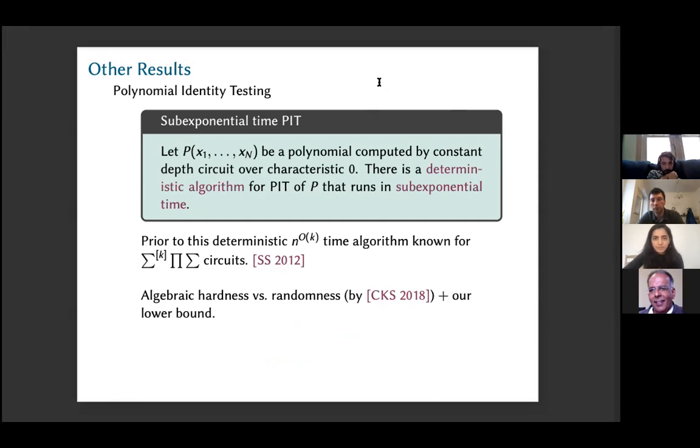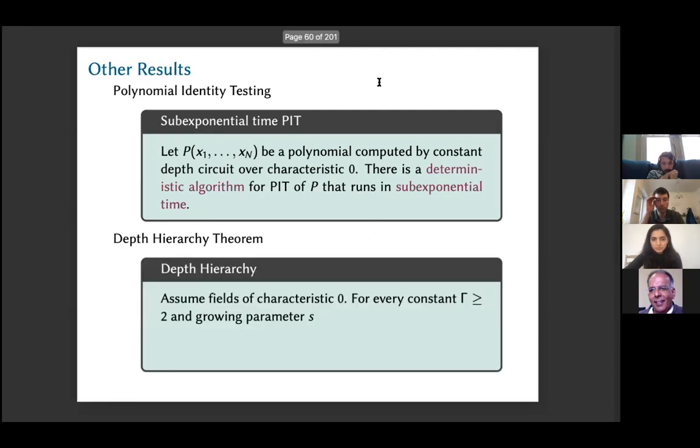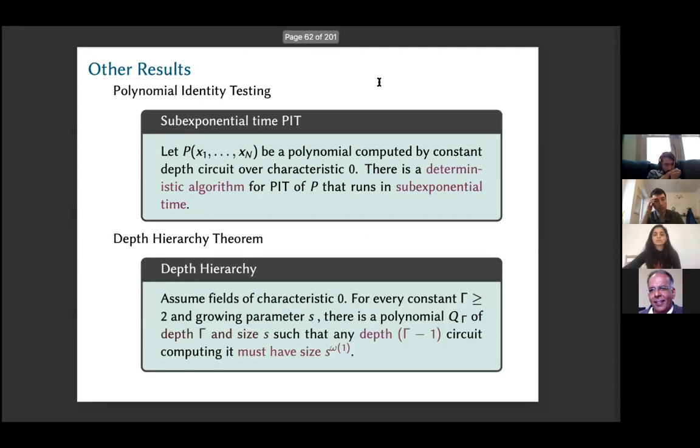Okay, and then there was one more statement we have, which is a depth hierarchy, which says that at every depth we have a separation. So let gamma be some depth and let S be some growing parameter, then we are able to come up with a polynomial Q gamma that has depth gamma size S circuits.